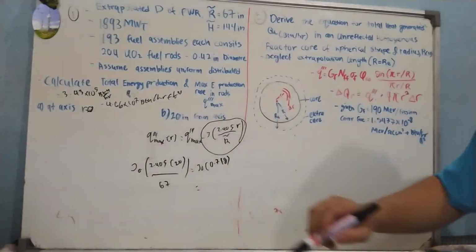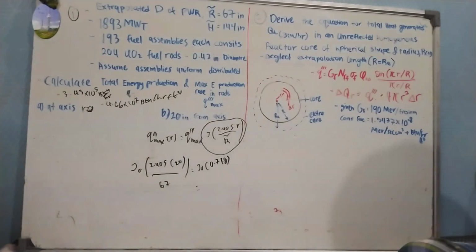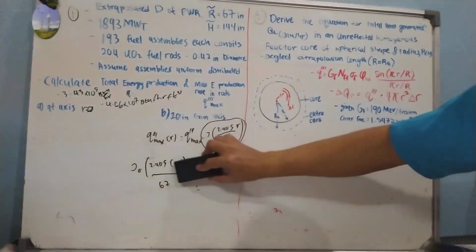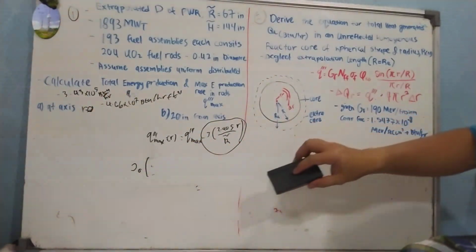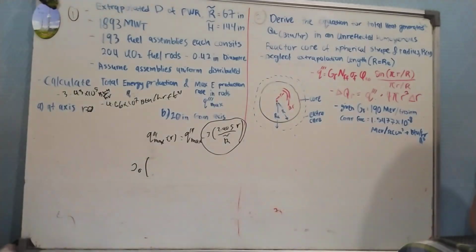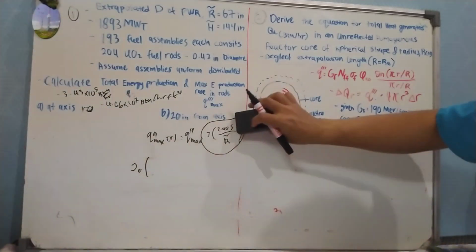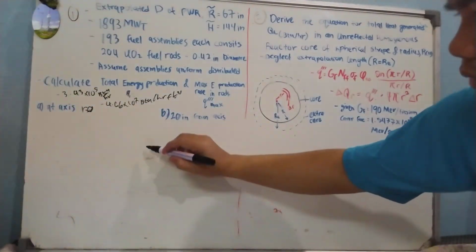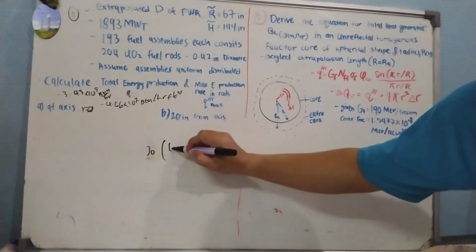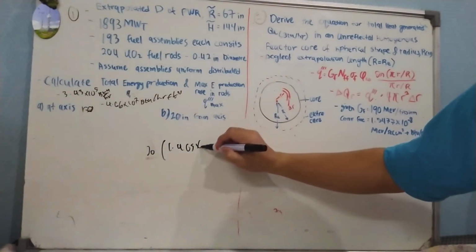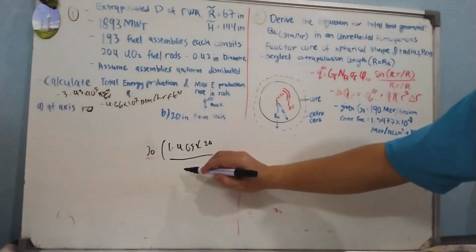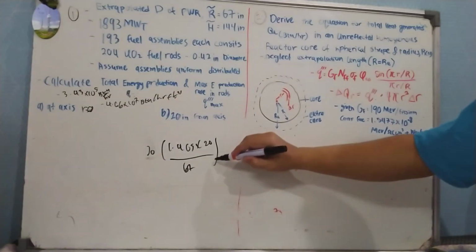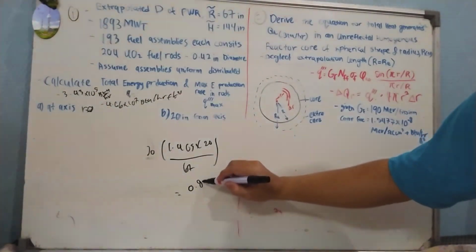This is also equal to, in here, J0 of 1.45 times 20, the position R, over the extrapolation, and we get 0.875.